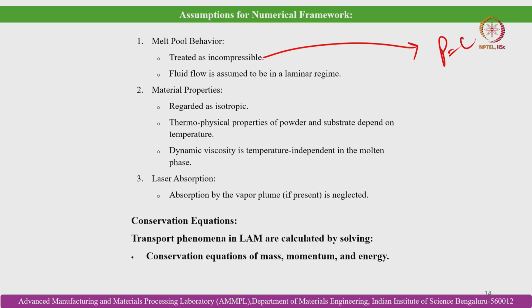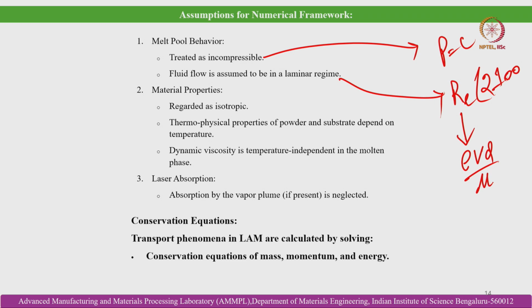Fluid flow is assumed to be in a laminar regime, which means the Reynolds number is essentially less than 2100, and as you know the Reynolds number is nothing but rho v d by mu, where rho is the density, v is the velocity, d is the characteristic length or distance, and mu is the dynamic viscosity.